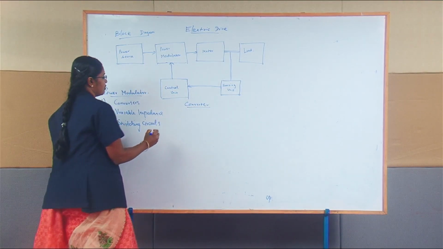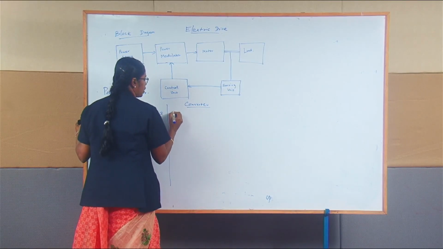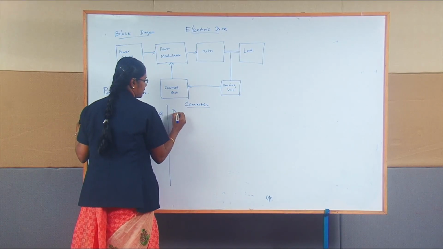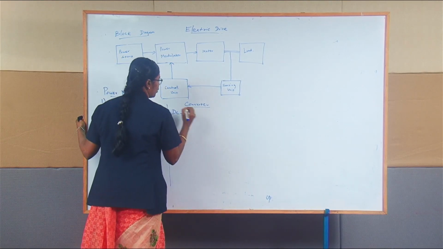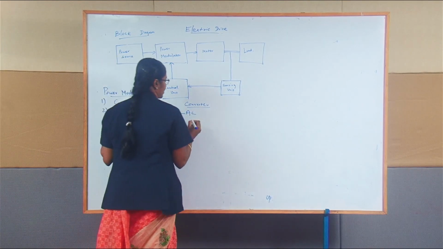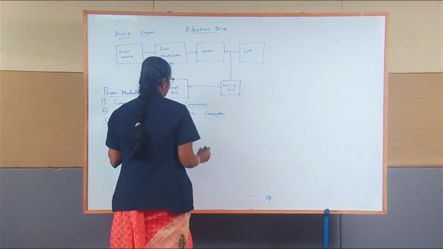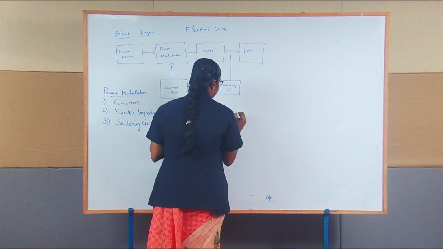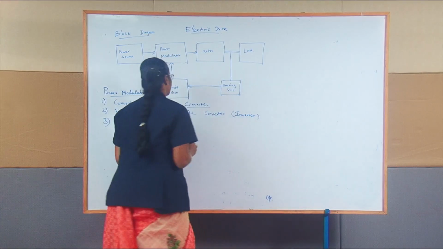So coming to the converter part, as I said, my input is DC and my motor is AC. In that case, I need to use a DC to AC converter, which is nothing but an inverter.